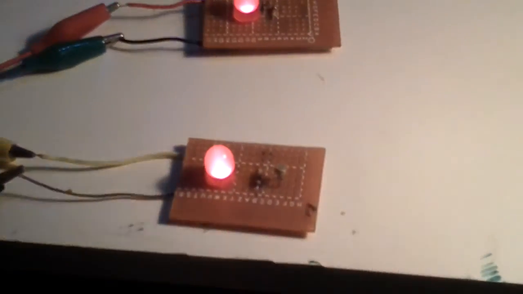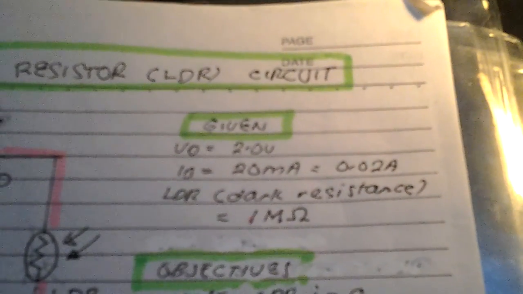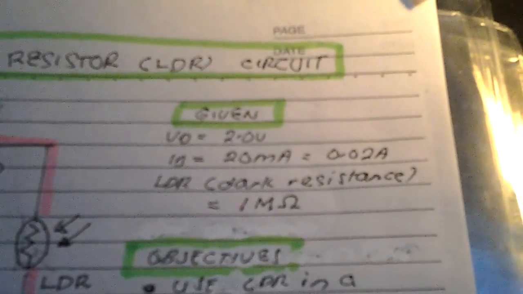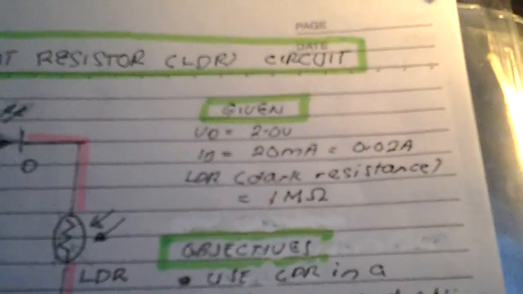Oh, did you see that? That is the LDR here. What is this? Given the voltage rating of the LED, 2 volts, current rating 0.02, and this dark resistance of the LDR, what is this? 1 mega ohms.